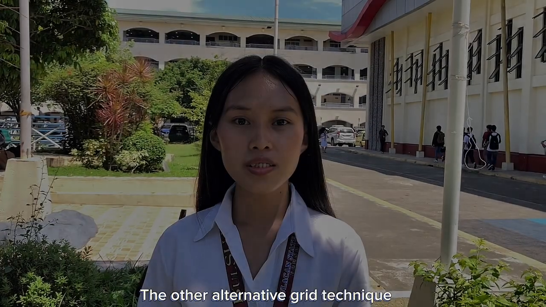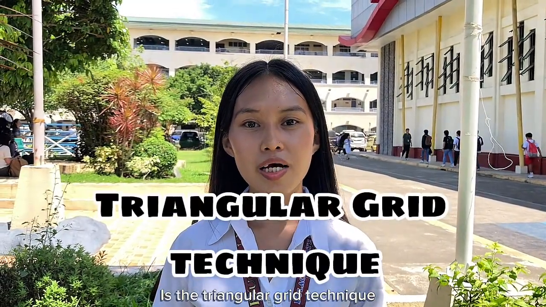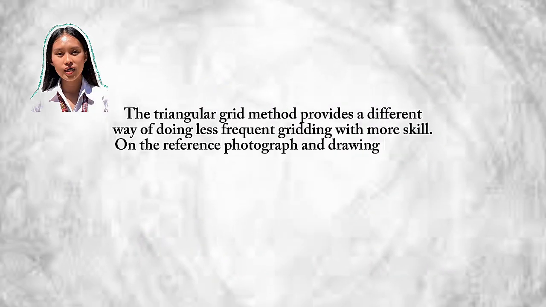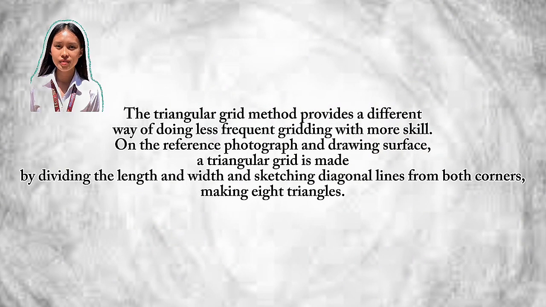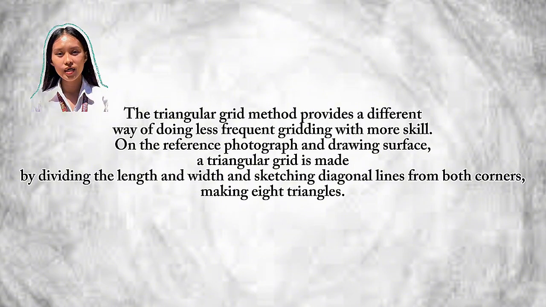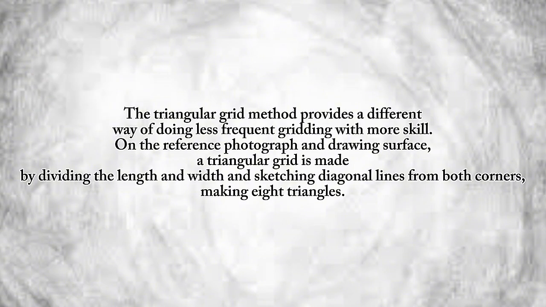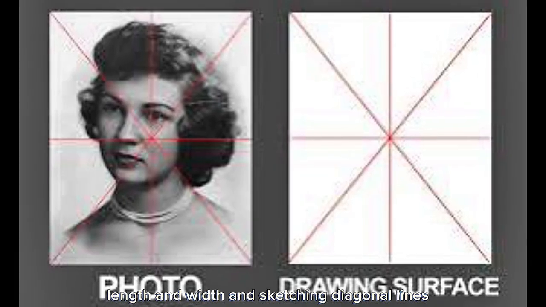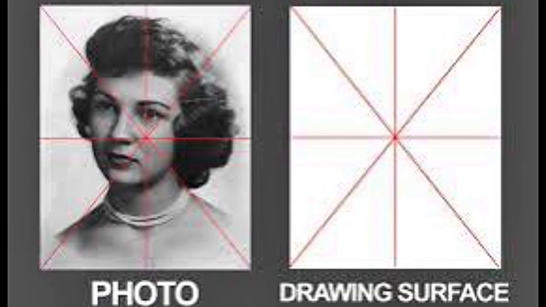The other alternative to grid technique is the triangular grid technique. The triangular grid method provides a different way of doing less frequent gridding with more skills. On the reference photograph and drawing surface, a triangular grid is made by dividing the length and width and sketching diagonal lines from both corners, making 8 triangles.